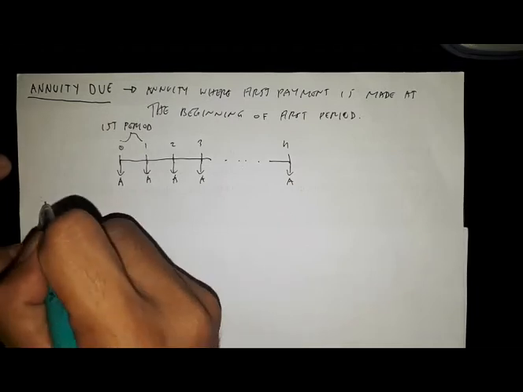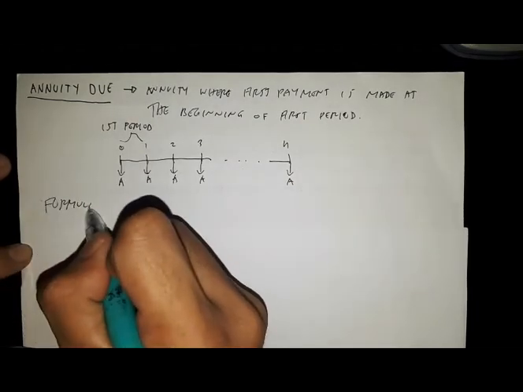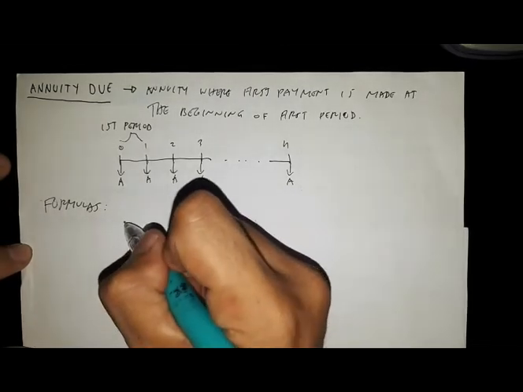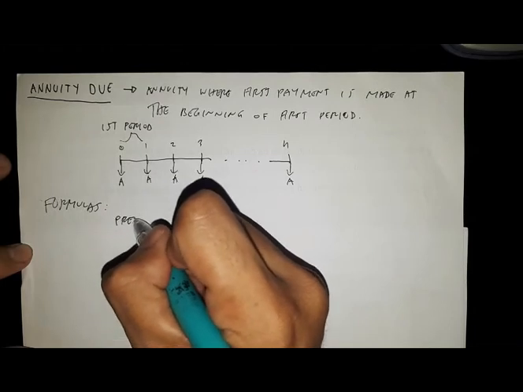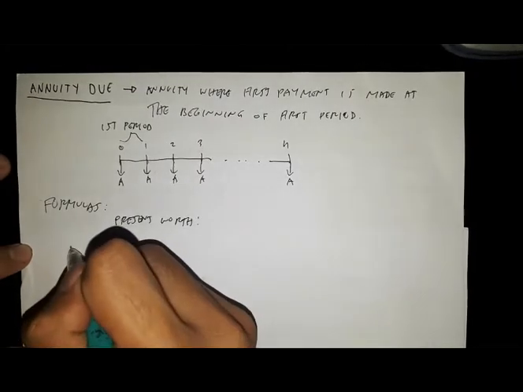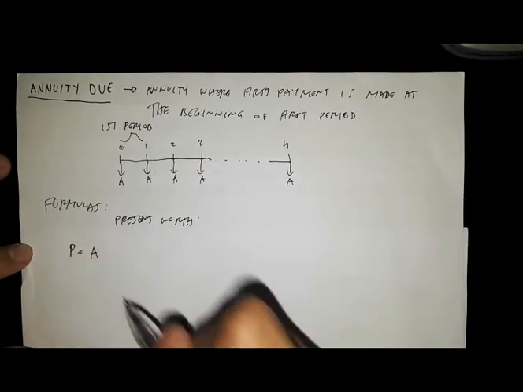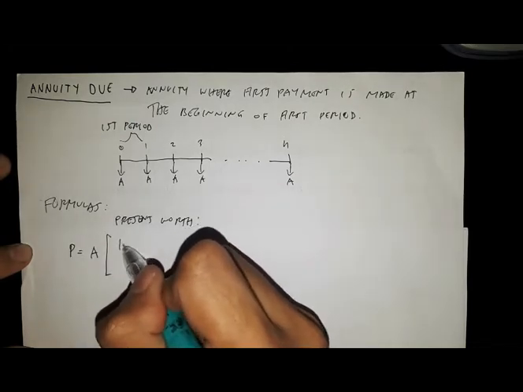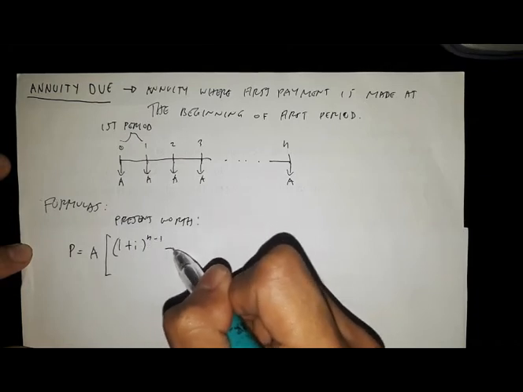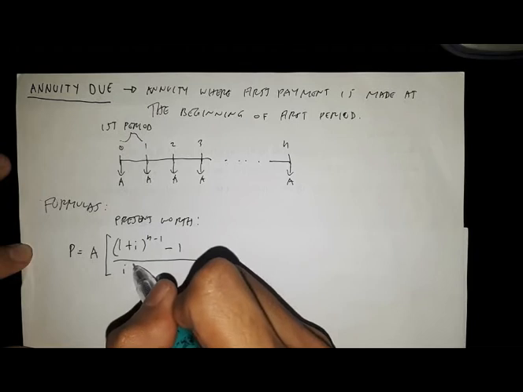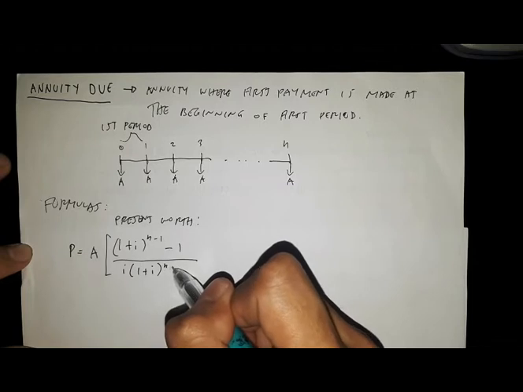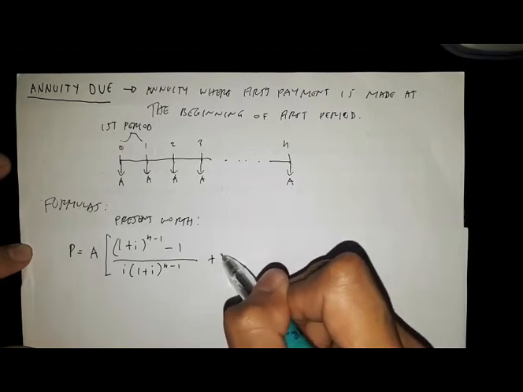So for the formula, you have two formulas just like the ordinary annuity. For the annuity due, the formula for the present worth, or P, is equal to A times the quantity of 1 plus I raised to n minus 1 over I times 1 plus I raised to n minus 1, plus 1.